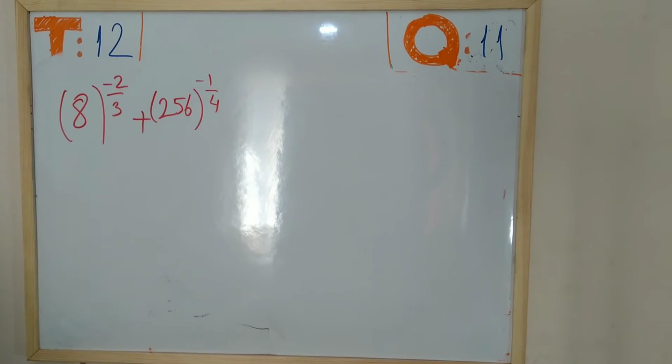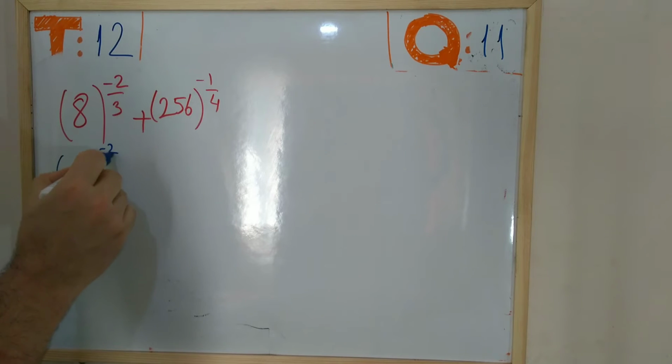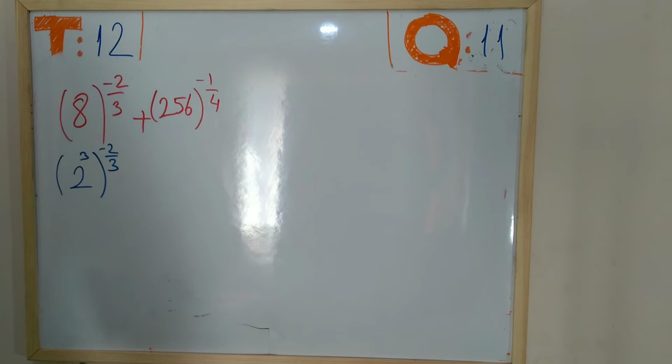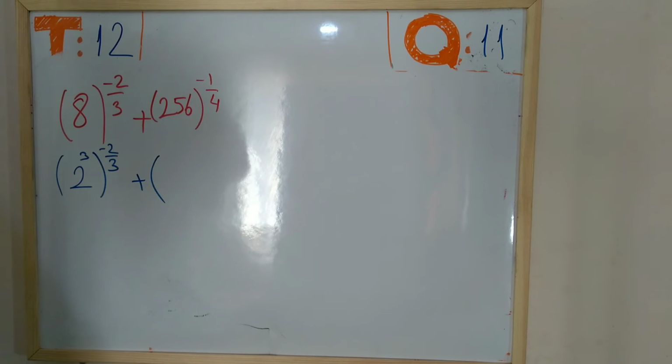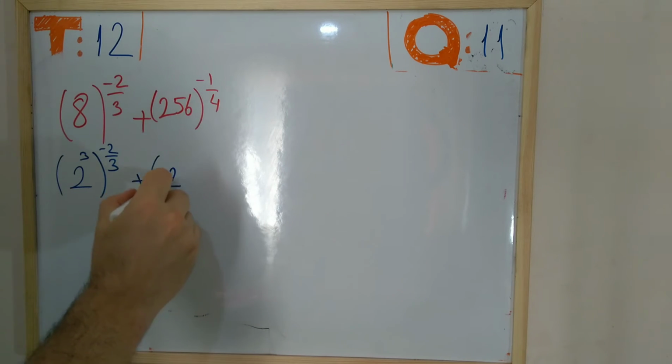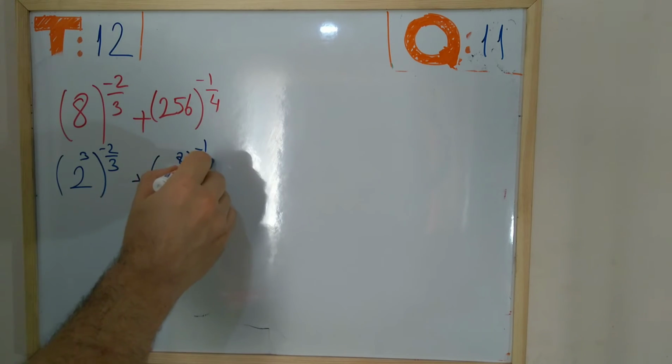This is my next question. So let's put it into a simpler form. Since we know that 8 is equal to 2 to the power 3, we can say that this is equal to this number, and 256 is equal to 2 to the power 8, as we know, and we can write it down this way.